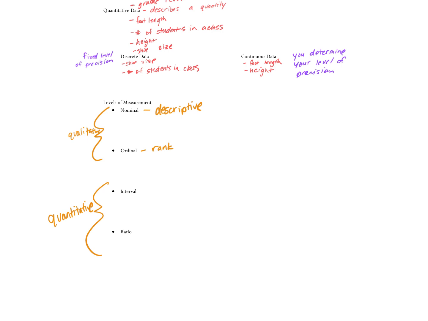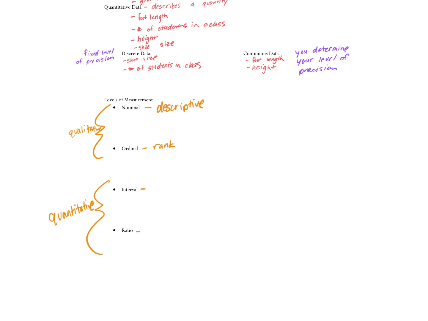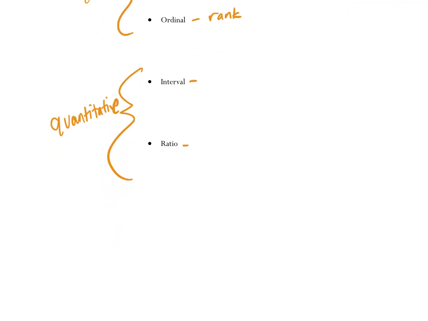Okay. Now, interval and ratio are a little bit more challenging to think through, okay? The easiest way is for ratio, 0 is a natural starting place.